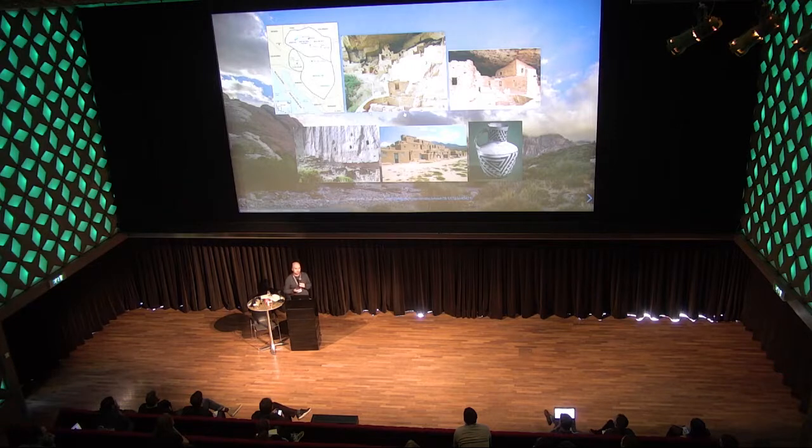Here I just show you some examples, if you didn't know this culture. They were very famous in the 90s because they had sedentary, very developed settlements, and also because they suddenly disappeared, according to the first findings on this culture.